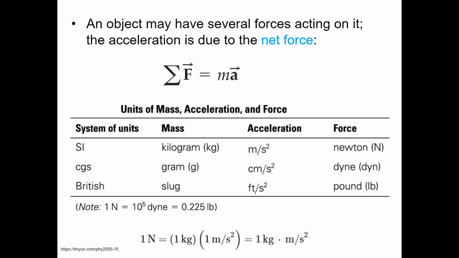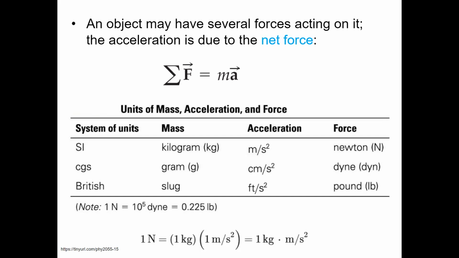Other systems of units here. SI units, that's what we've been using constantly throughout this class. The second one you may encounter often in other classes, or I guess you did this in lab too, is the CGS units, where you have centimeters as the length, grams as the mass, and seconds as the time.